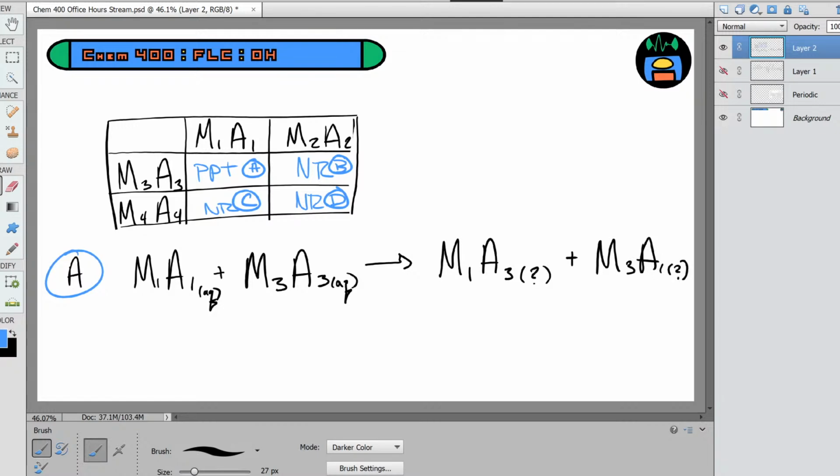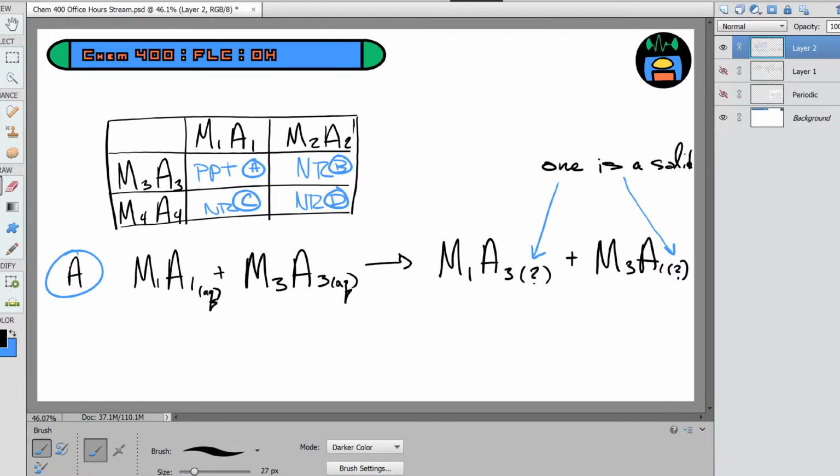And so one of these is a solid. All right, one of these is a solid. And you need to use your other data points to determine which one of those is a solid.